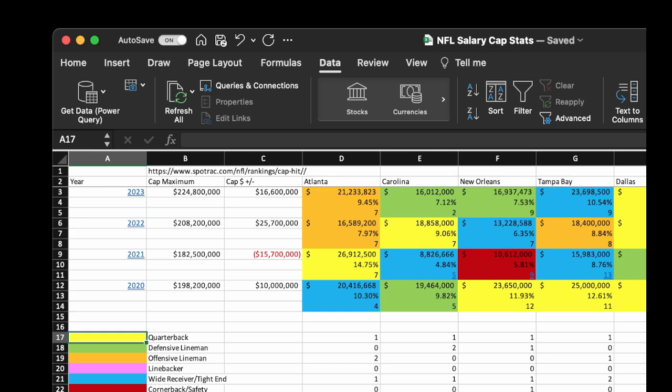Then I tabulated how many times for each team the highest paid player was a quarterback, defensive lineman, offensive lineman, linebacker, wide receiver, cornerback, or safety. And then I summed up the number of wins.